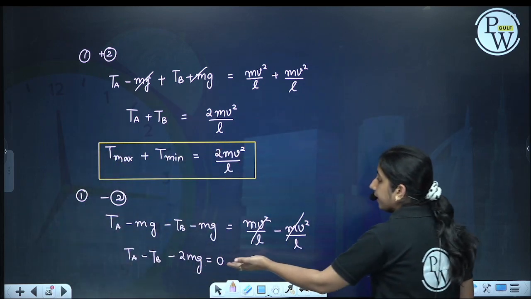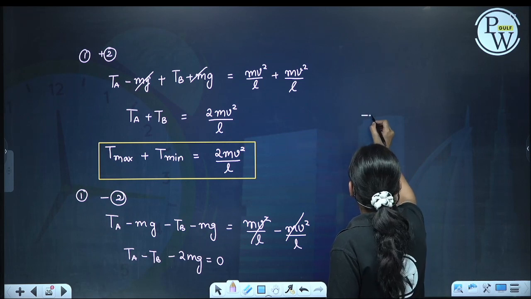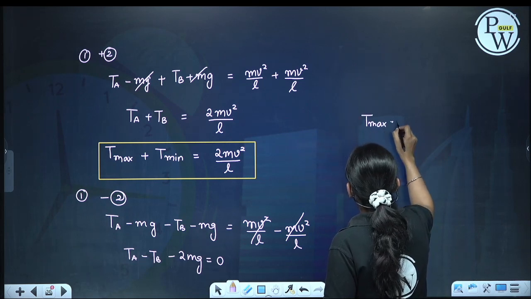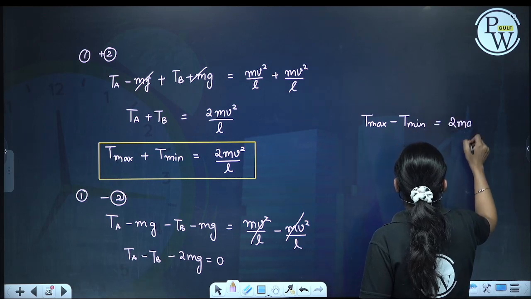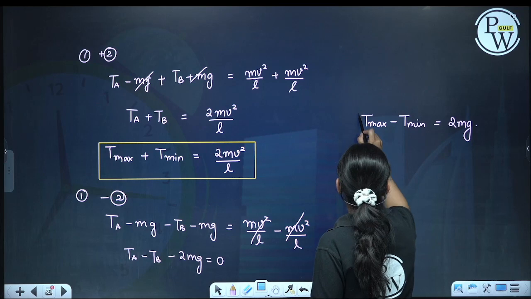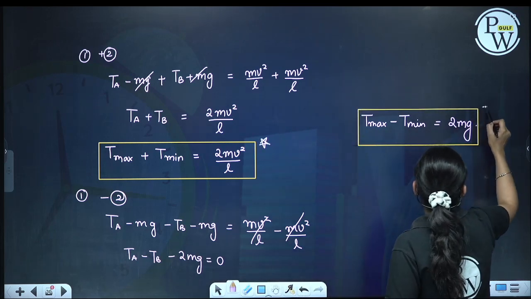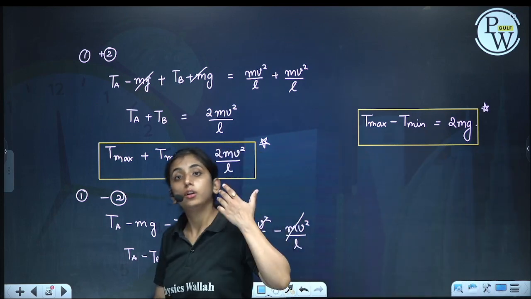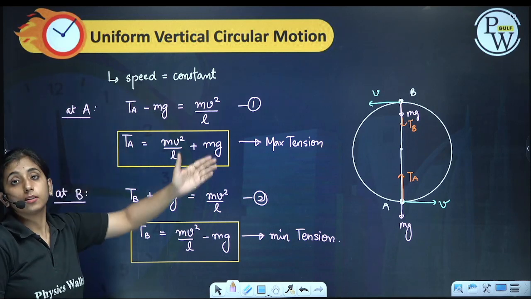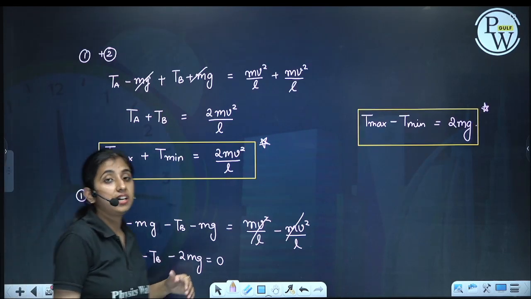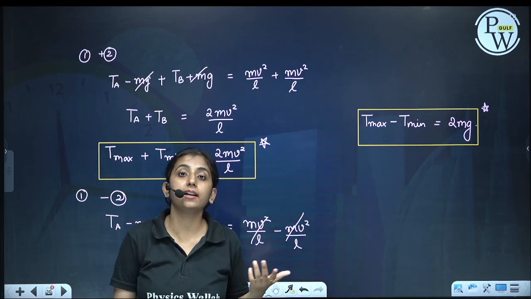TA is the T maximum, so T maximum minus T minimum is equal to 2mg. These are the equations for uniform vertical circular motion, that is, speed will remain constant at every point.